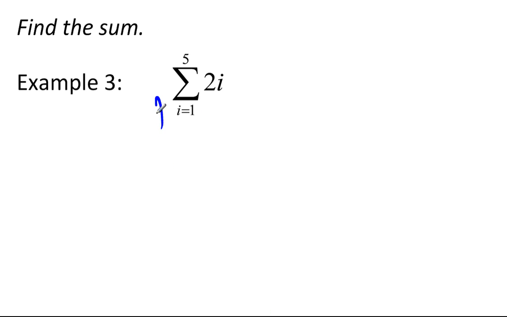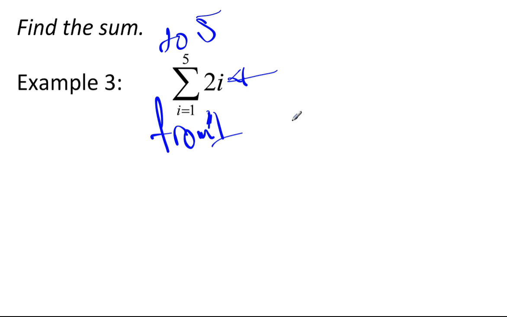Alright, so we're going here from 1 to 5. This literally means 2 times i. It's not like we remember i, the imaginary number. It's just 2 times your number. So we're just multiplying it, twice whatever the number is. So for 1, it's going to be 2 times 1.